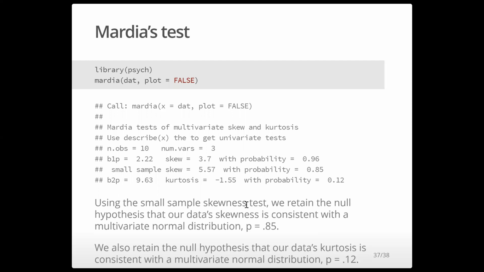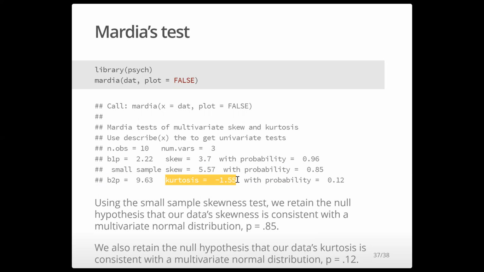And so we see we get our output. We get our b1p, that's our skewness, our test statistic for our skewness, our p-value. We're actually going to use this one because it's a small sample skew. Test statistic is 5.57, p-value is 0.85. And so our estimated kurtosis is 9.63.